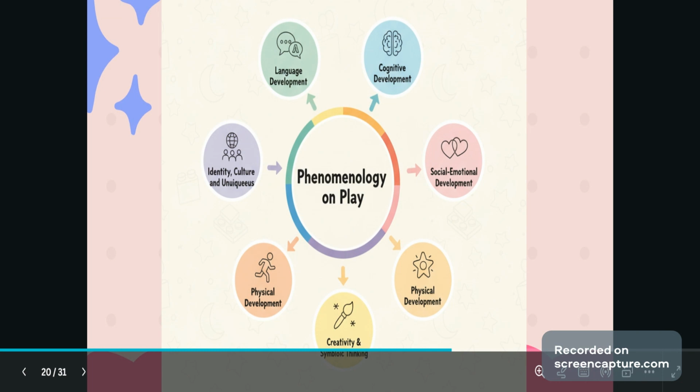Talking about creativity and symbolic thinking, a phenomenological perspective lets teachers recognize that when children transform objects in play, they are demonstrating imagination and symbolic thinking, which is really critical for their future abstract reasoning.